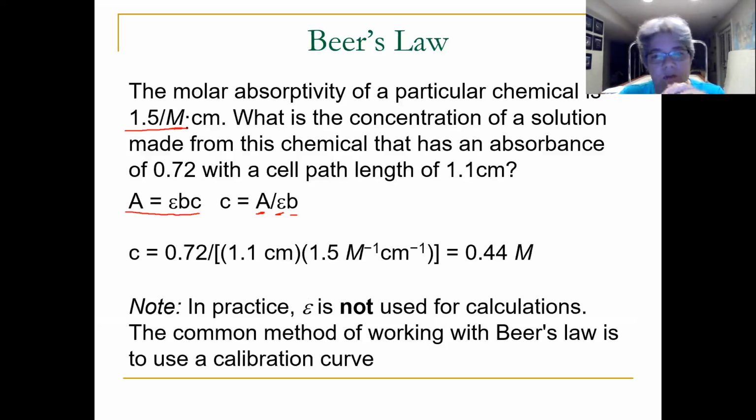So you never use a number from the literature. In fact, the most common way to use Beer's law is to use a calibration curve. And we'll look at how you do that.